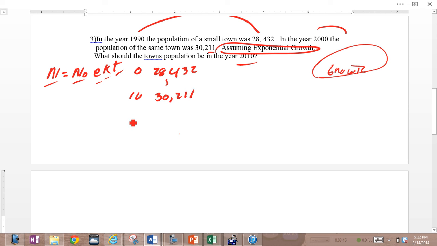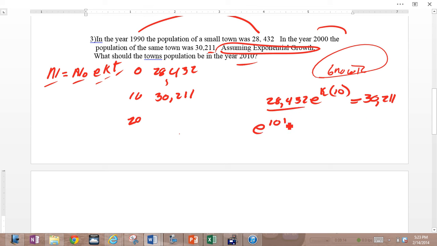What would be the population in 2010, so 20 years from the original date? Again, our population of 28,432 grew exponentially by some constant over 10 years and turned into 30,211. Divide by the coefficient.